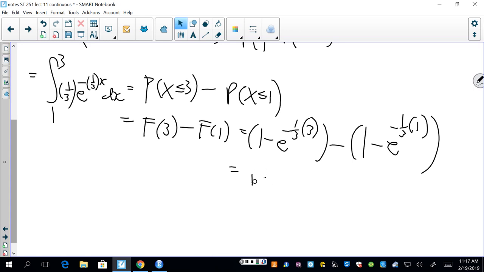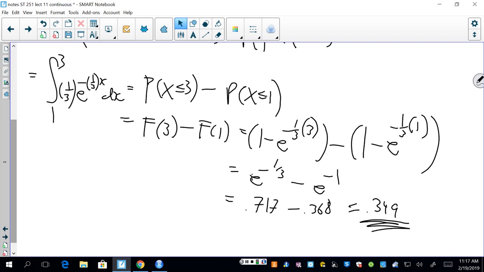The minus minus is e to the negative 1/3 minus e to the negative 1, right? The 1's cancel. 0.717 is that value, 0.368 is this value, and so the difference is 0.349. So about 35% of the time, that circuit is going to survive between 1 and 3 years, if it's exponential.